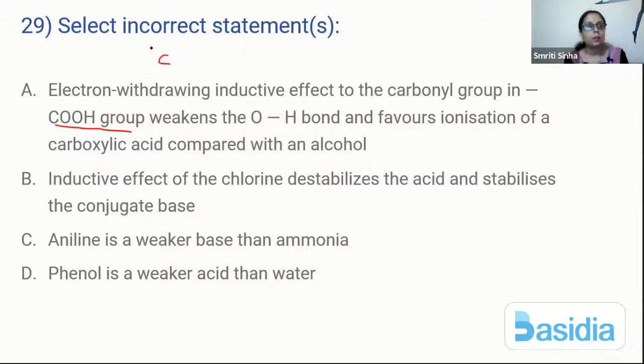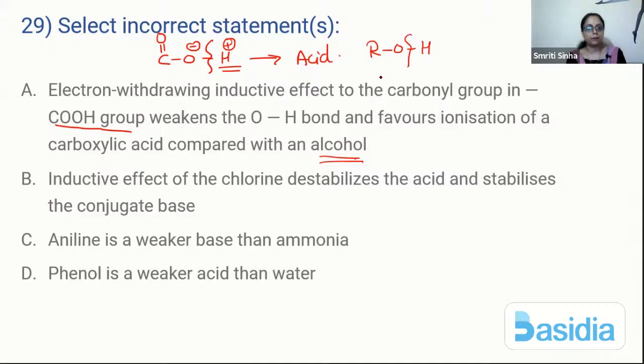This is correct because the electron withdrawing carbonyl group actually makes this OH bond weak, releases the proton and shows acidic nature, and makes this a stronger acid than alcohol. Okay, but in alcohol, if you see, the same type of bond is present, but the problem is here there is no carbonyl carbon, no inductive effect, and because of which this bond cannot be broken easily.